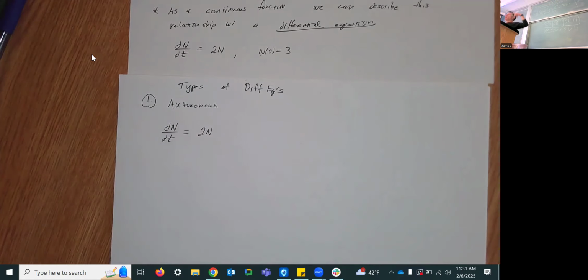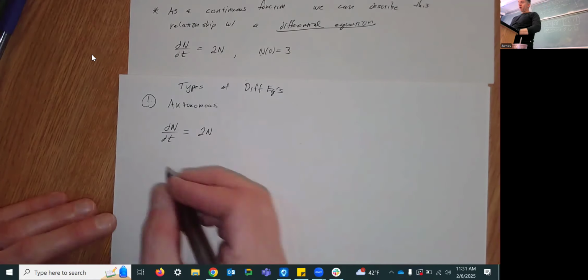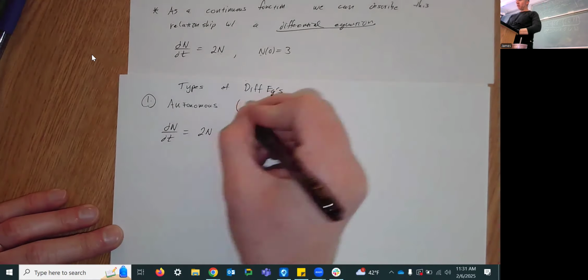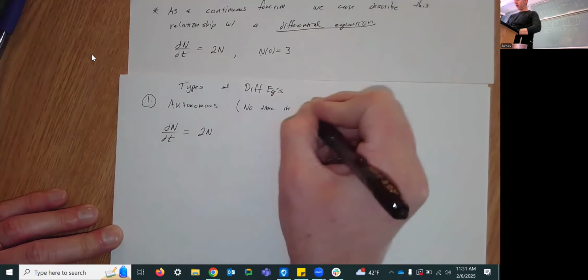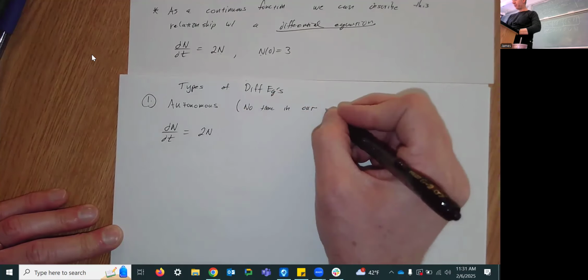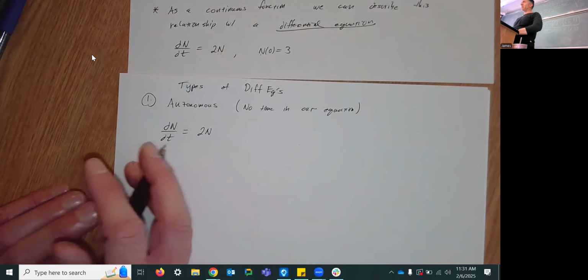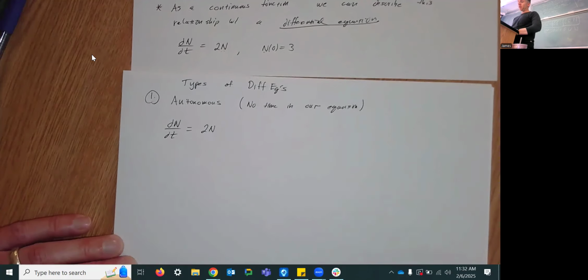So if you have a population whose rate of change is a multiple of the population size, that always means we have exponential growth. So autonomous means no time in our equation, except for, of course, the dt down there. You have to have that dt down there because you have to have a derivative.